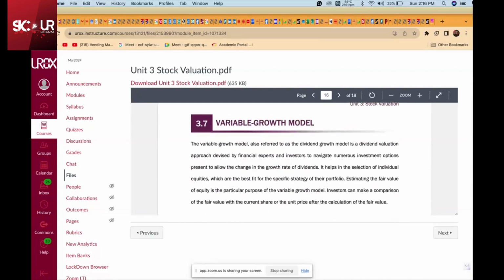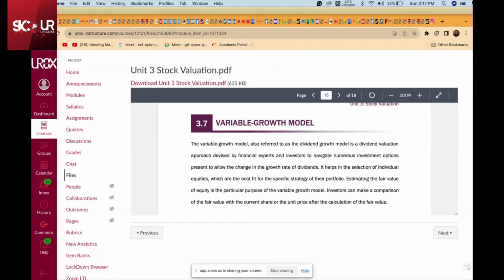Another model that is also useful is the variable growth model, also called the dividend growth model.